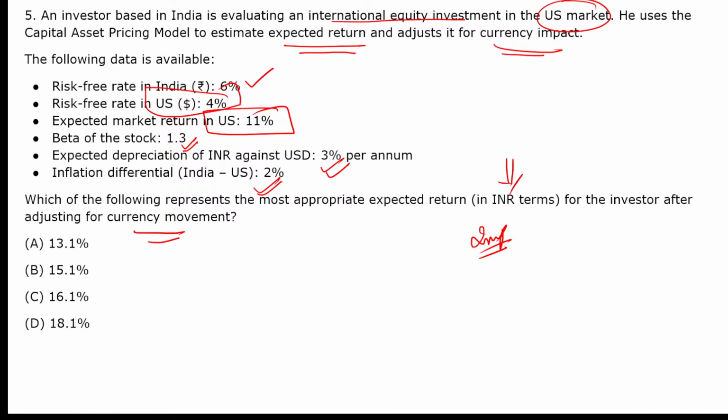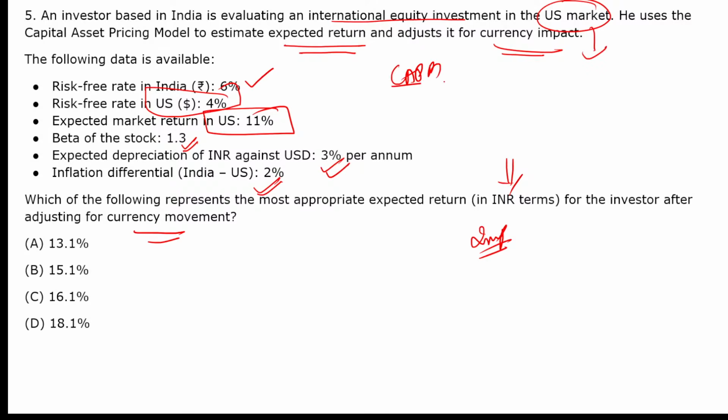See, CAPM has a basic formula of risk-free return plus beta into the market premium, right? We will use this only. But the question is whether you will use it for the US market or for INR. We will use CAPM on the US market since the investment is in the US market.